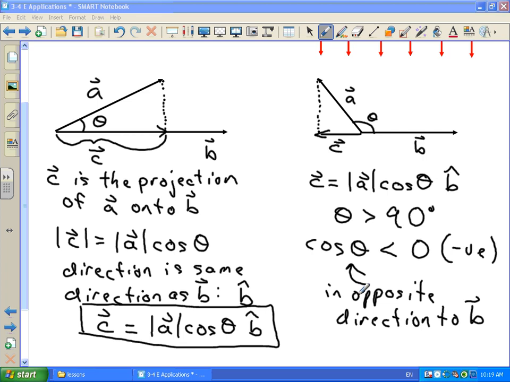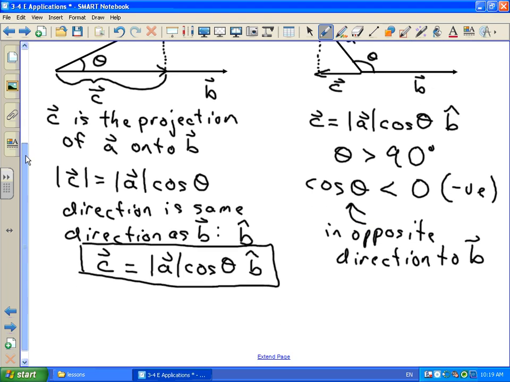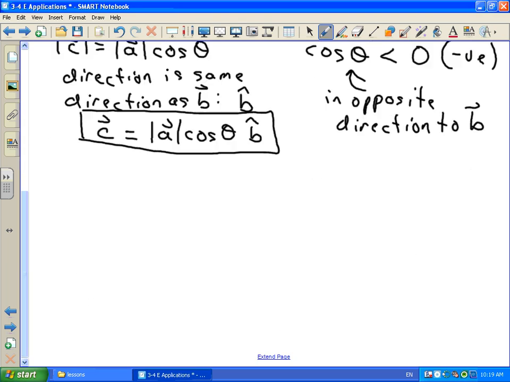Okay, so let's see how we can go from this geometric interpretation to something that we can use on algebraic or Cartesian vectors here. Before we go into that step, let's just say that the notation that your textbook uses for projections is, if they want you to do a projection, they say projection of vector A, as a subscript here, onto vector B. So you're projecting the vector from the subscript onto the bigger vector here.